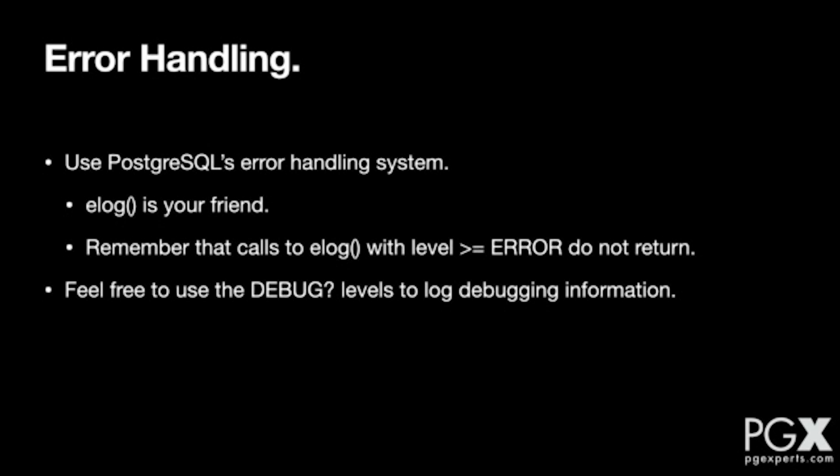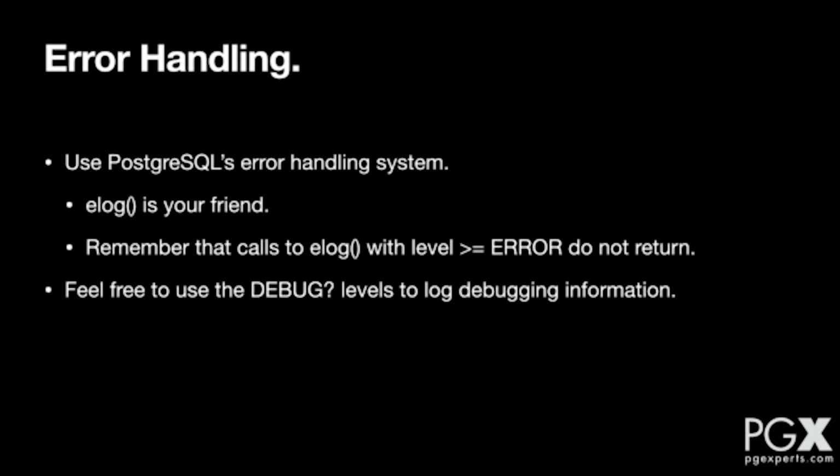Anytime you see an error being written into the Postgres logs, somewhere elog was involved to generate that error. The nice part about it is if you're running along and encounter a situation where you have to stop, like bad syntax, or they're trying to access a column that doesn't exist on the other system, you can just run elog with an error status and your execution ends at that point. So you don't have these complicated returning status codes and all this nonsense.